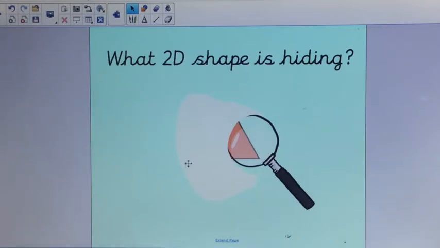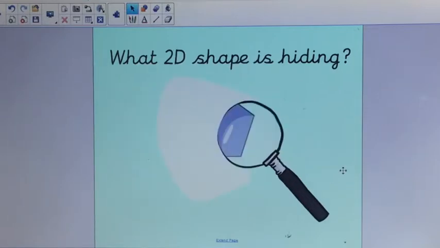Okay, it was, of course, a triangle. We know that a triangle has got 1, 2, 3 sides. So well done. Okay, slightly trickier one now. What 2D shape is hiding here? Think about how many sides this shape might have. Tell your grown up what do you think it might be.